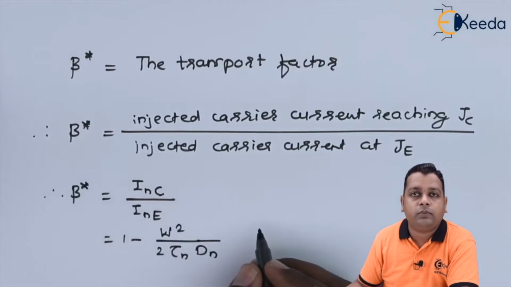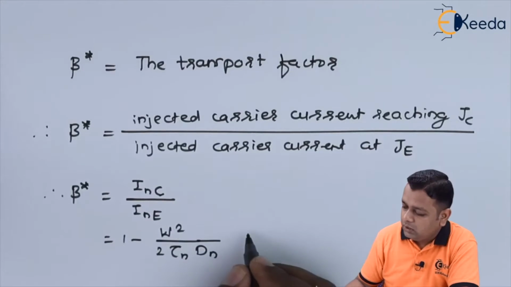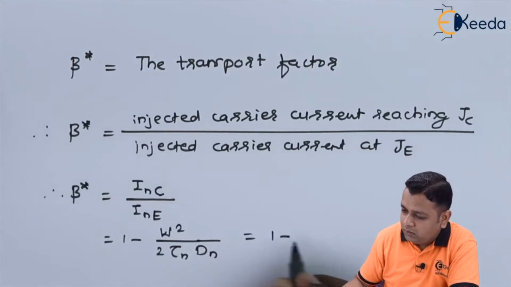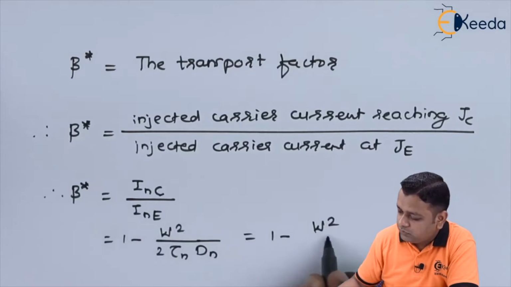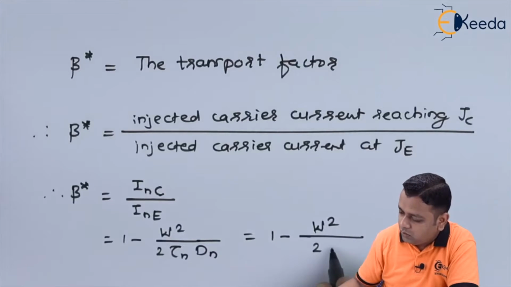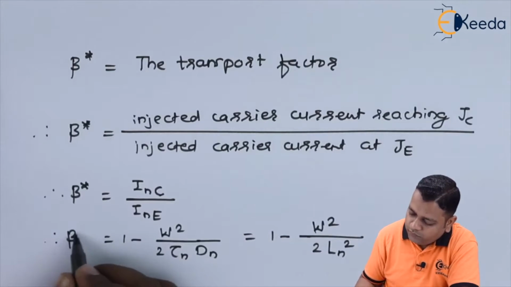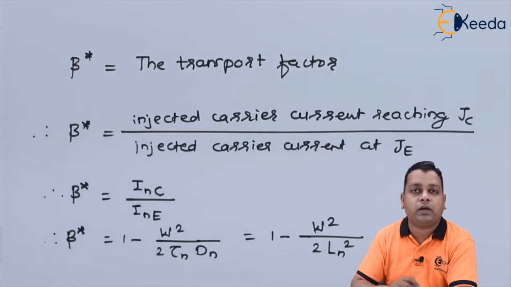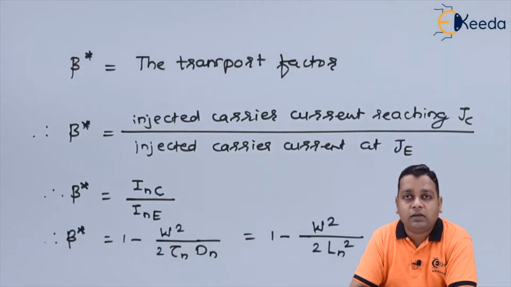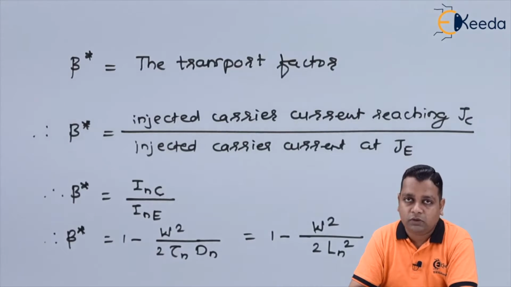Or, taking the help of diffusion length, we express it as 1 minus W square divided by twice capital L suffix n squared here. So this formula of beta asterisk, the transport factor, as well as the earlier emitter efficiency, is helpful while solving problems based on this amplification phenomena.